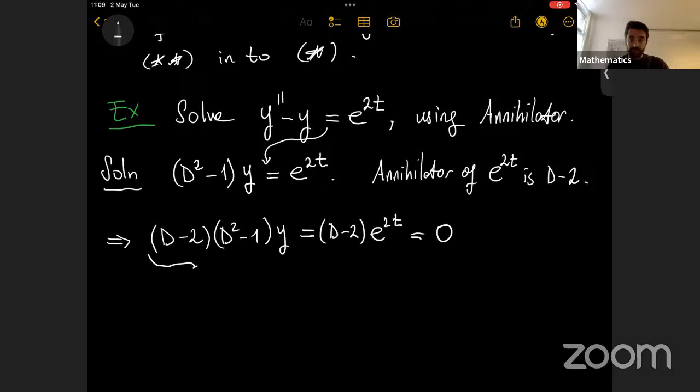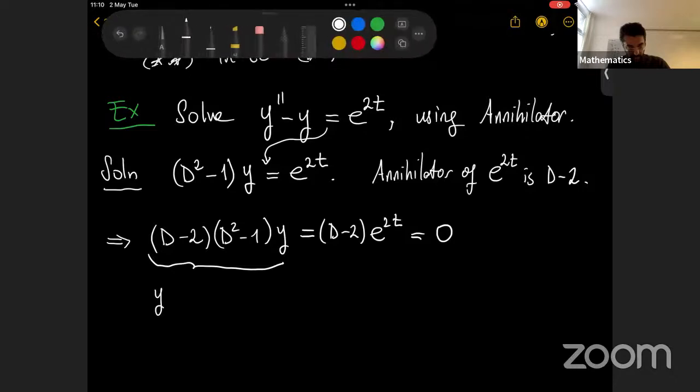If you want to write this down in differential form, you don't need to, but it's not easy to write down, and you don't need to do that.